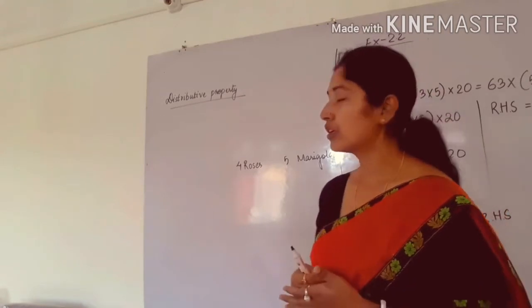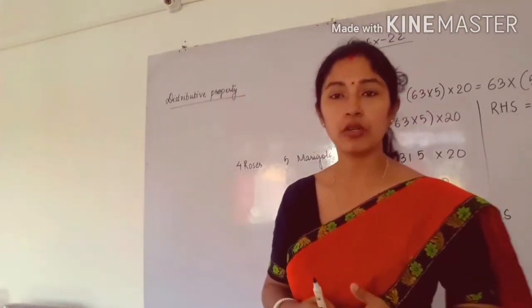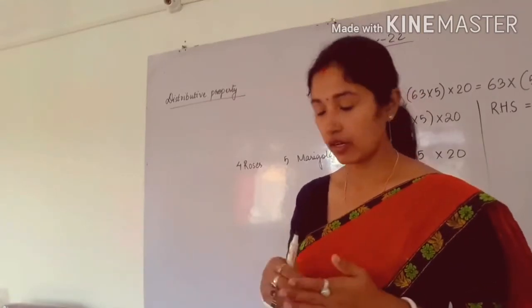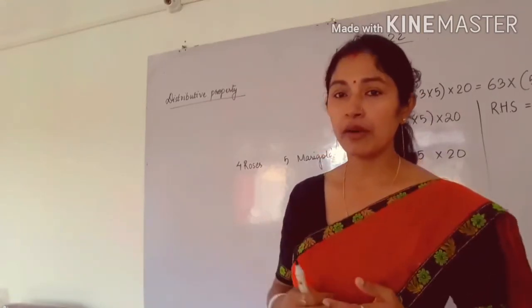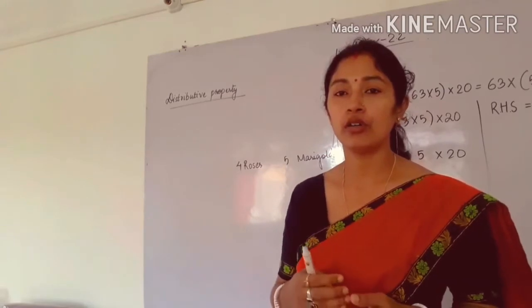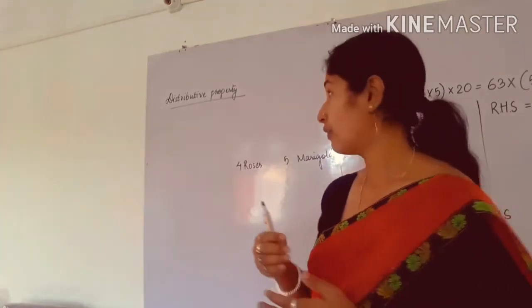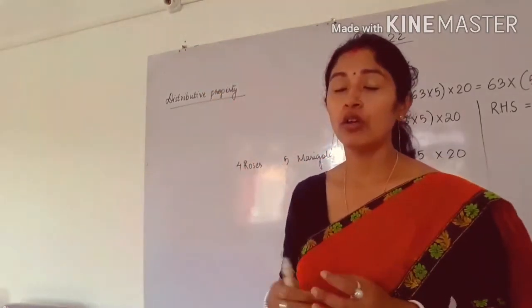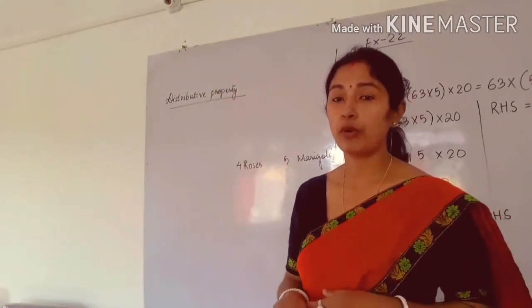So this question will be solved using distributive property. See, first of all I will calculate it in a simpler manner. Next I will come to the distributive property, that is how to simplify it using distributive property.